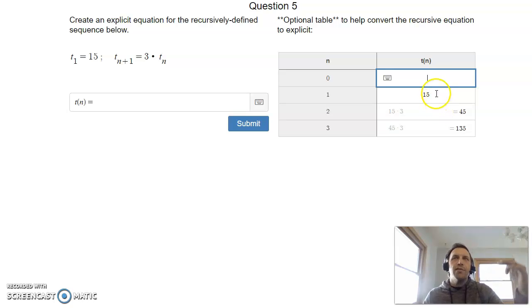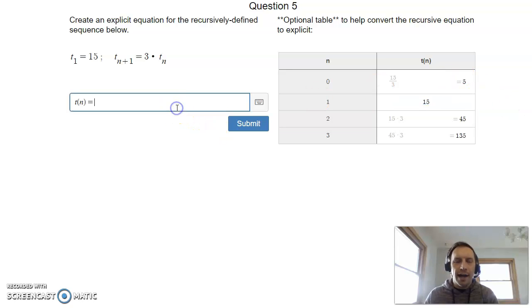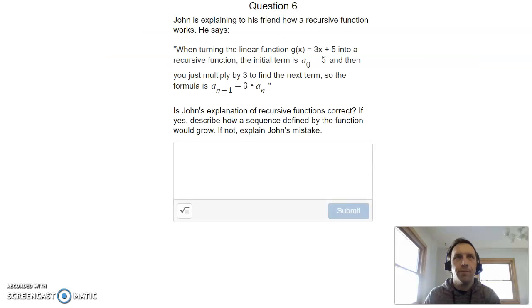So if you see the pattern multiplying by 3, all you need to do is go backwards in that pattern and see that our initial value is 5. Writing our explicit function for an exponential, it's the initial value times the growth factor, 3, to the x power. And so that's going from recursive to explicit, and that's the skill I'm testing there.